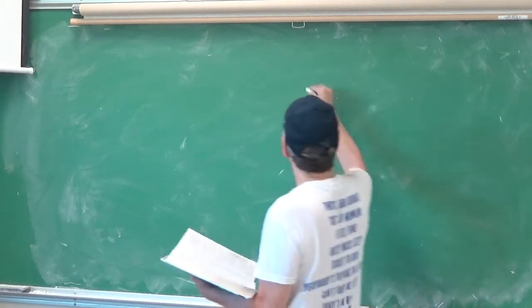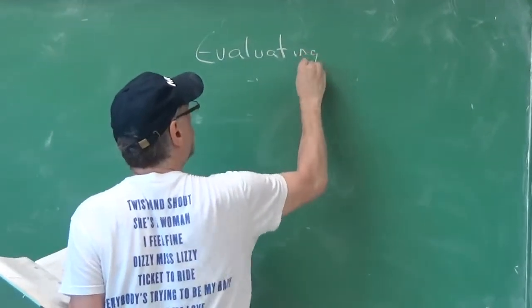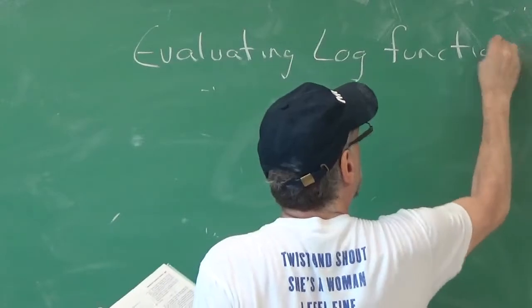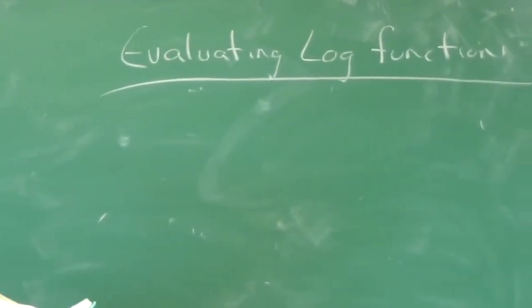Let's look at, where's a good log function? Here we go. Okay, so evaluating a log function. Okay, this is just like evaluating any function, just happens to have a logarithmic expression in it.